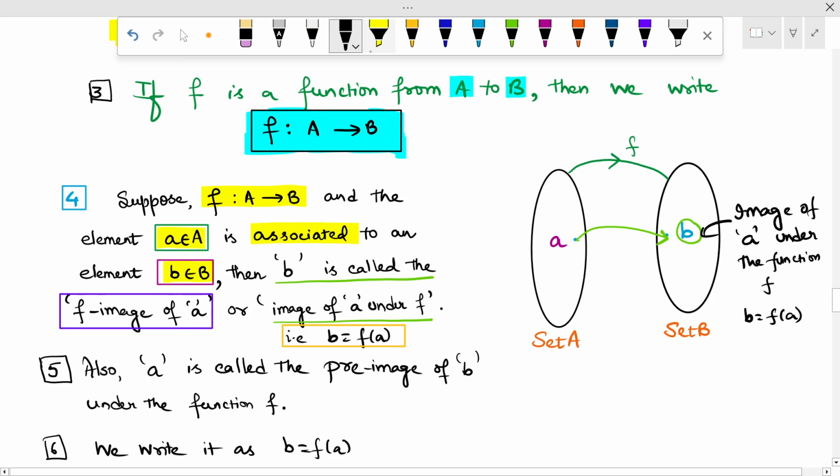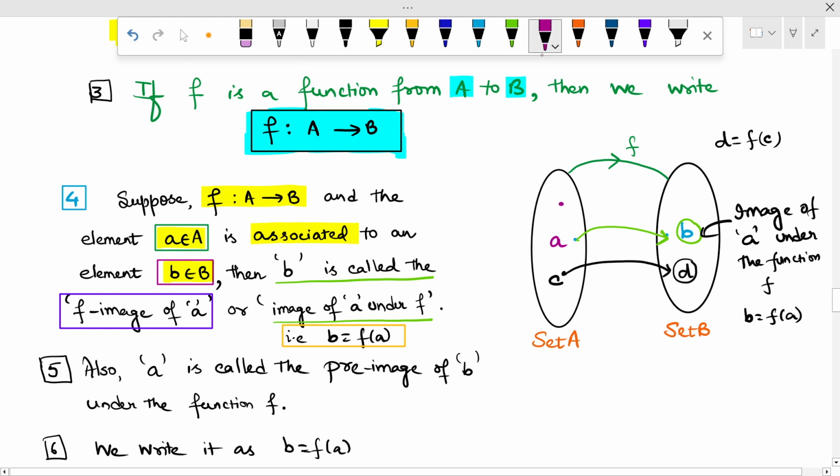Similarly, if we had say c, and we have the image of c as d, then we say that d is the image of c under the function f, and we denote it by d equals f of c.